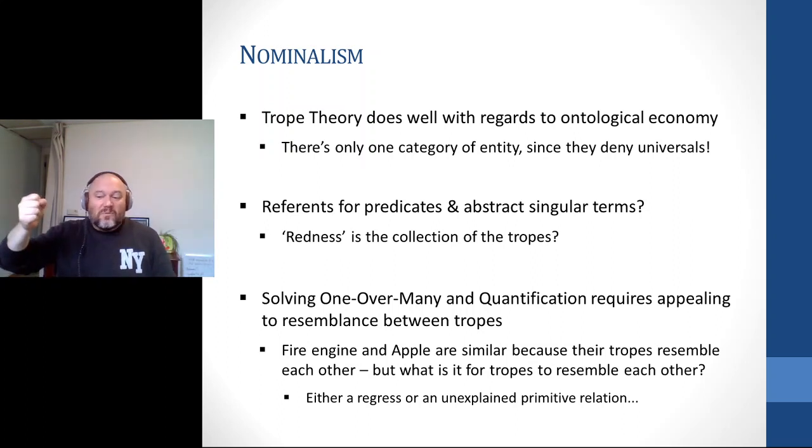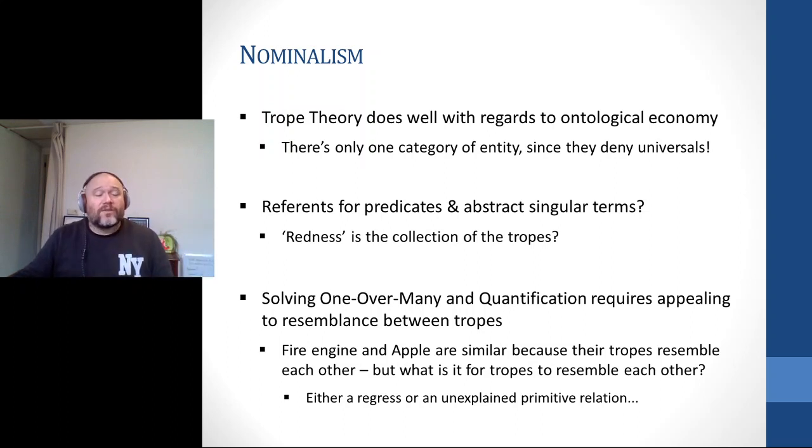That is, we didn't need an explanation for why the fire engine and the apple resemble each other. That could just be a brute fact too. So if we go for an unexplained primitive relation as a response to this challenge, the trope theorist seems to undercut the motivation for their own position. So either they face a regress, or they put themselves in a really awkward position to motivate trope theory.